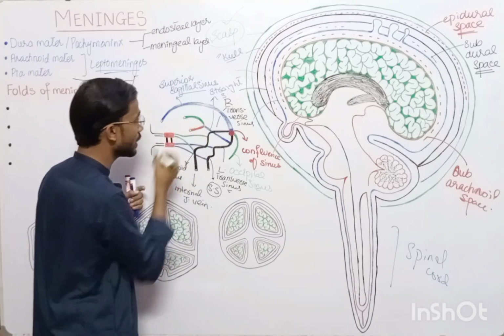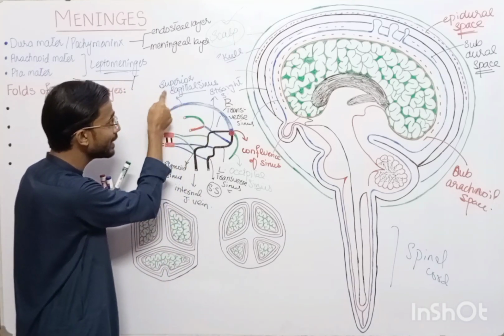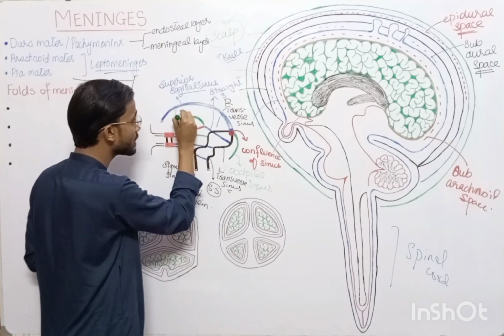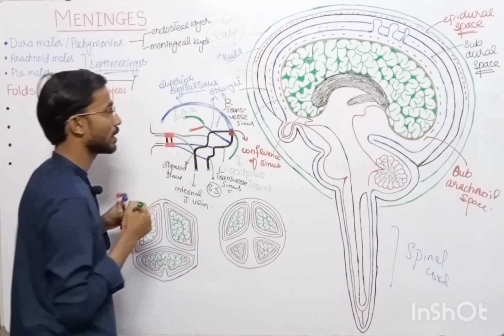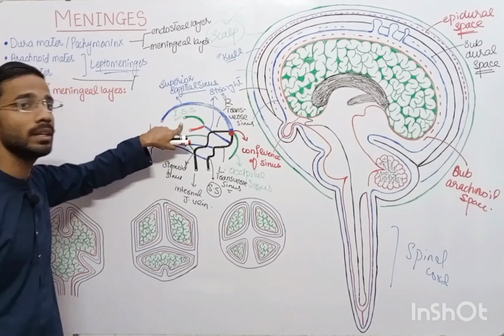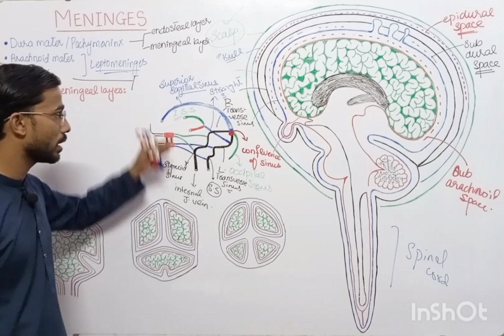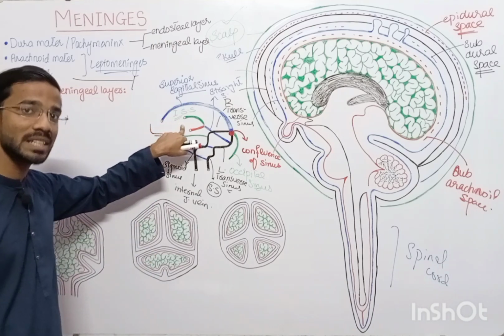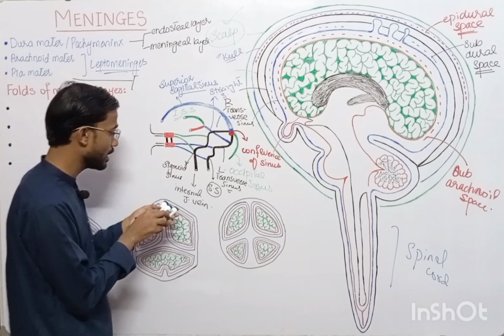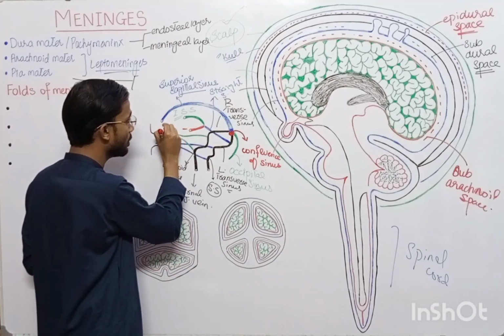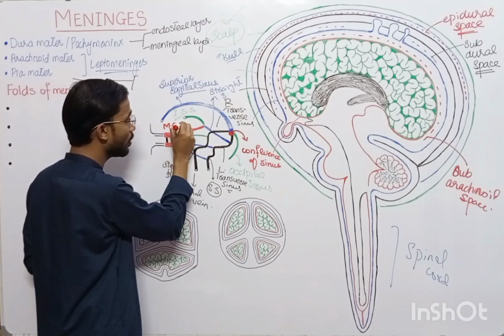This bluish area which is below the superior sagittal sinus is called the inferior sagittal sinus. And here, shown by the red color, is basically the major cerebral vein.